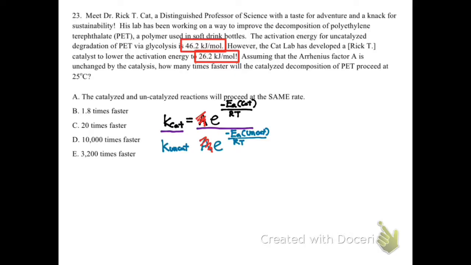So I'm going to plug in values. So e to the negative 26.2 kilojoules per mole, this is at 270, well, no, it says 25 degrees Celsius, which add 273 to that, so it's going to be 298 K. And then R needs to be in terms of kilojoules here, so 0.008314 kilojoules per mole Kelvin.